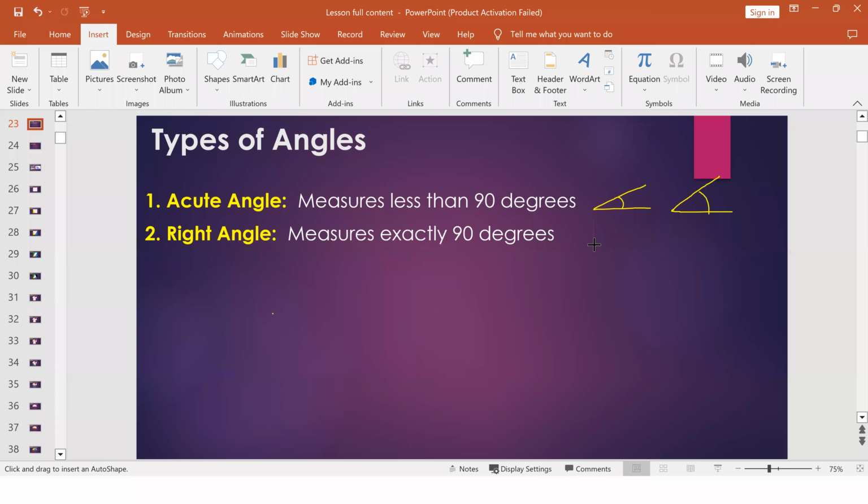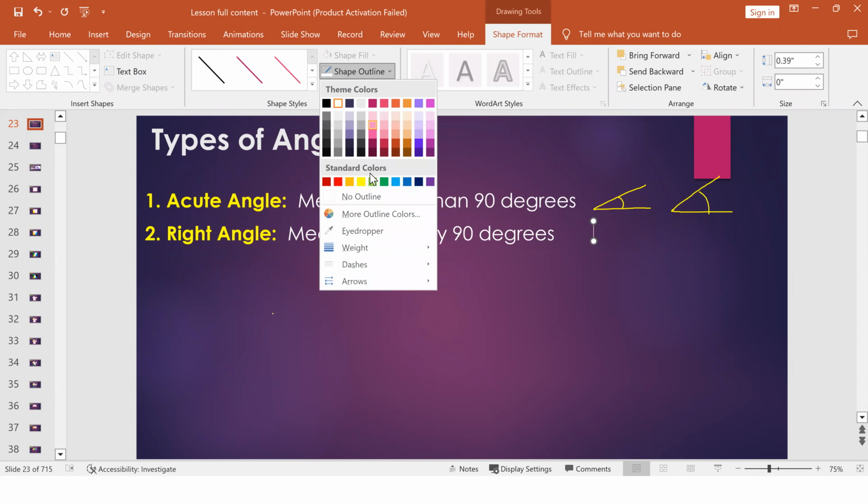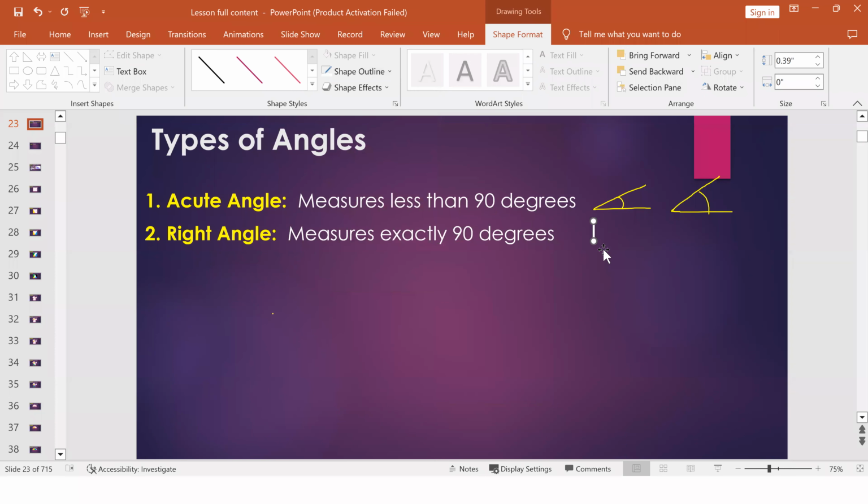You know it because it has a little box, right? So a right angle looks like an L. That's 90 degrees.